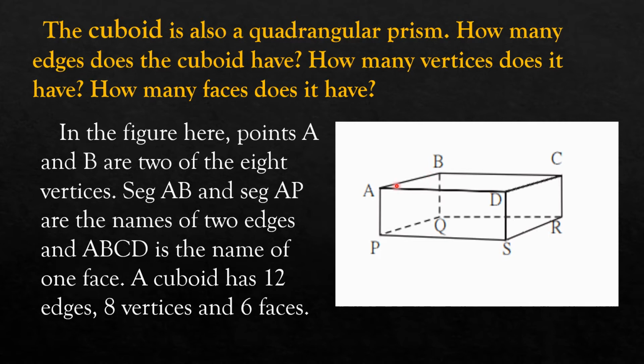Segment AB and segment AP are the names of two edges, and ABCD is the name of one face. So a cuboid has 12 edges, 8 vertices, and 6 faces.